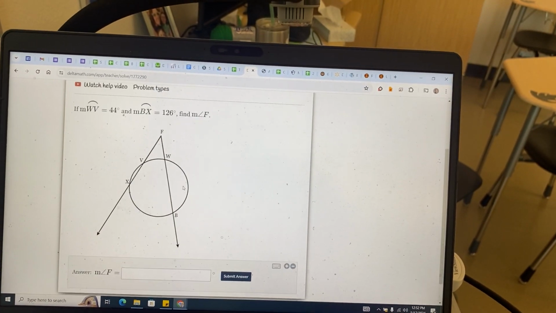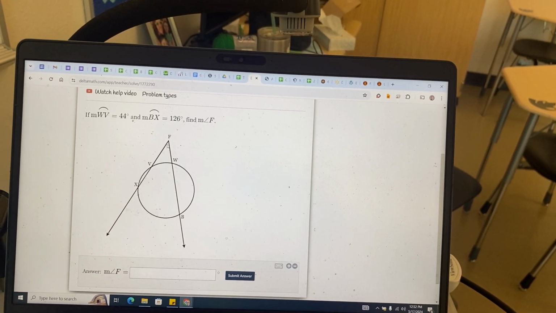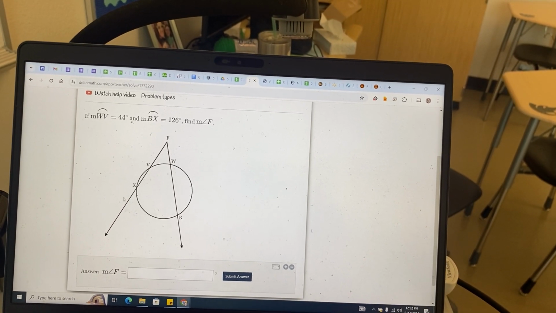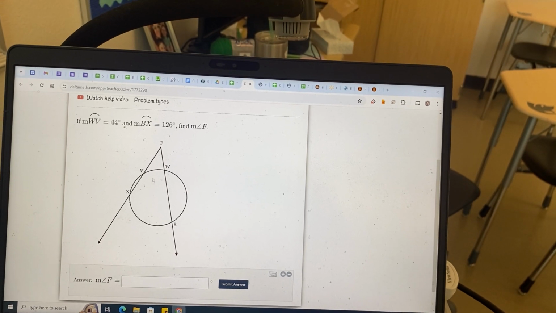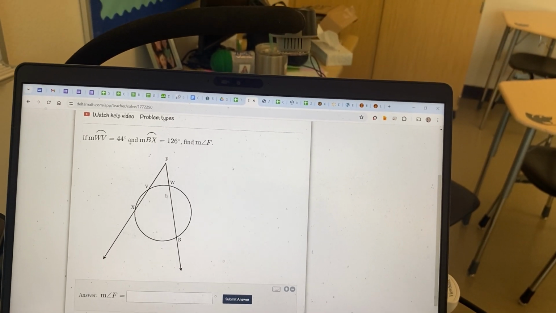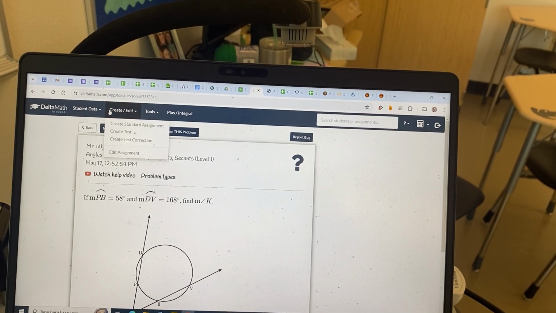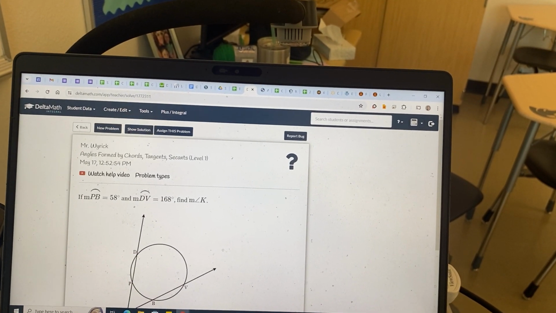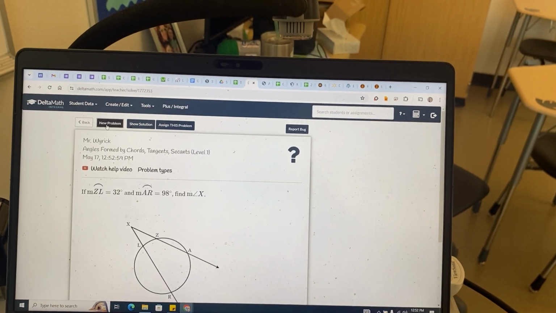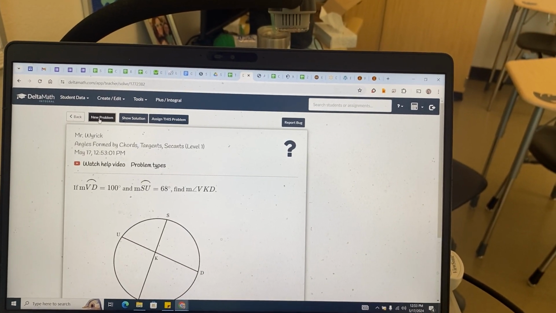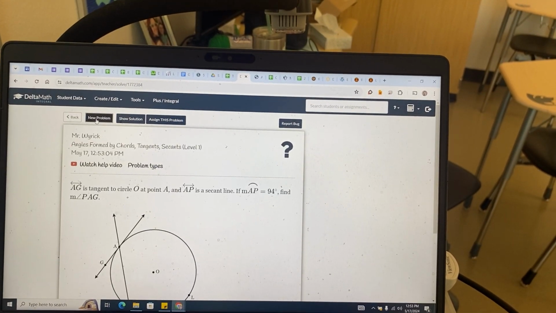Here's one that's outside. If they meet up outside the circle, doesn't matter if it's a secant or a tangent, you subtract the arcs and then divide by 2. And then if it's on the circle, which I don't know if we're going to actually get one of those. In the circle, add. Outside the circle, subtract.